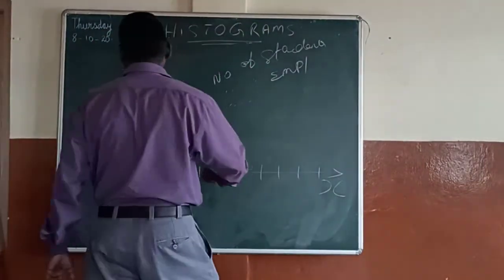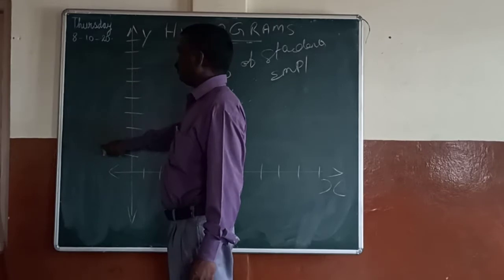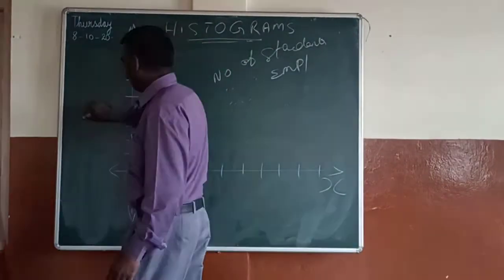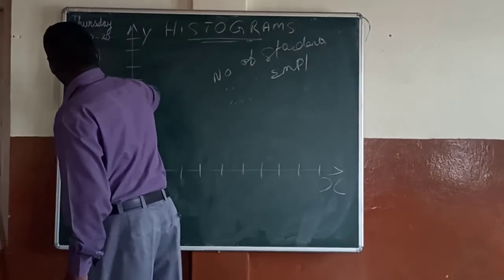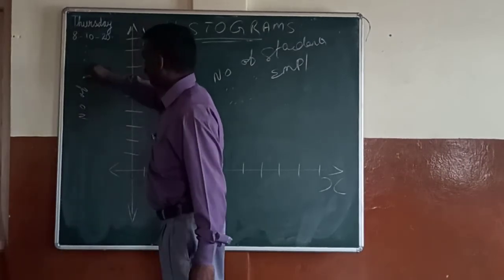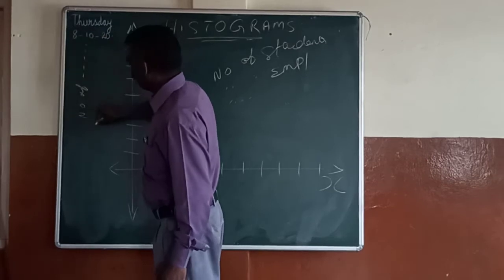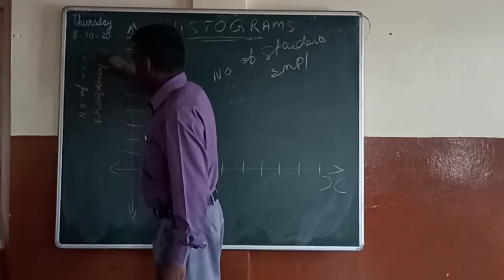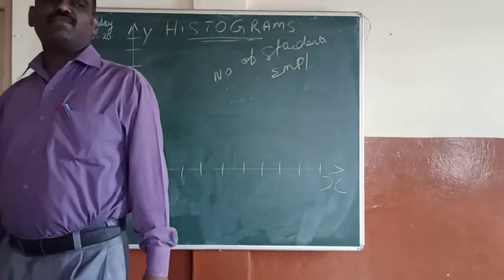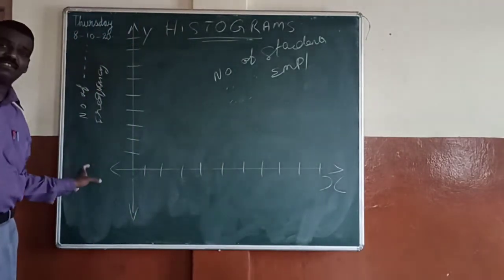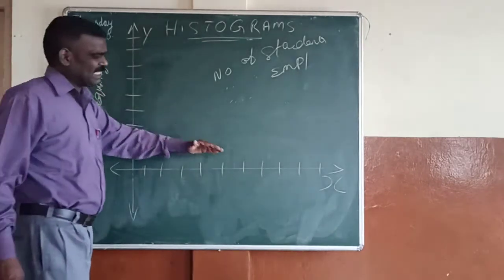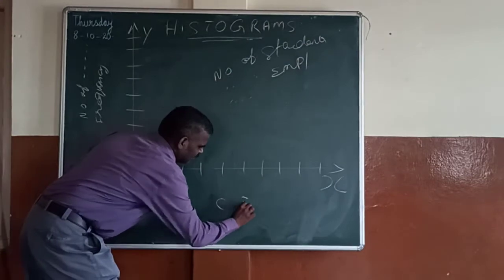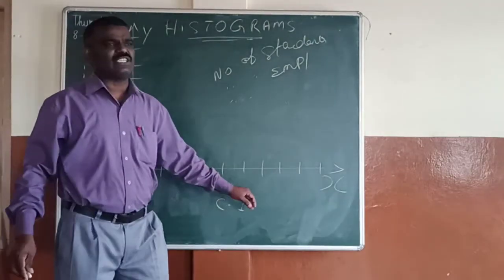Anything that comes as numbers, you write on the y axis, or we can say frequency, number of anything. Frequency should be on the y axis, and for the x axis always class intervals, CI.